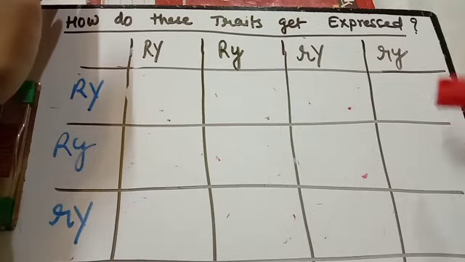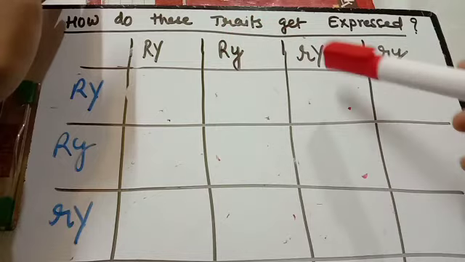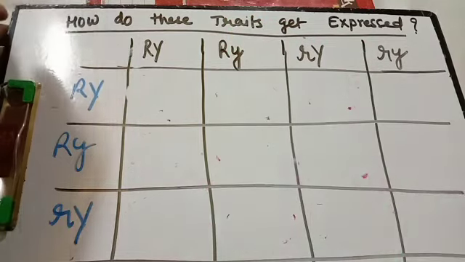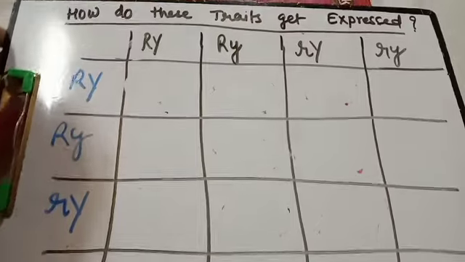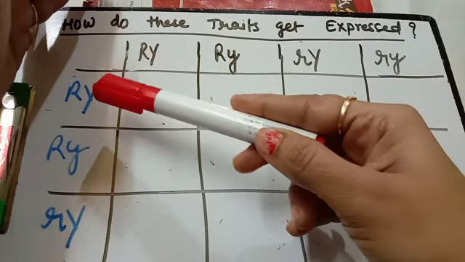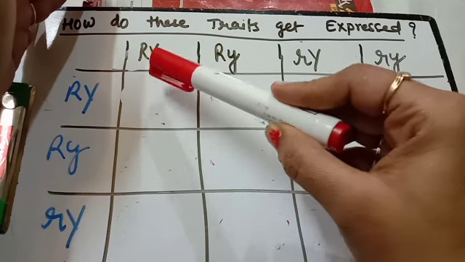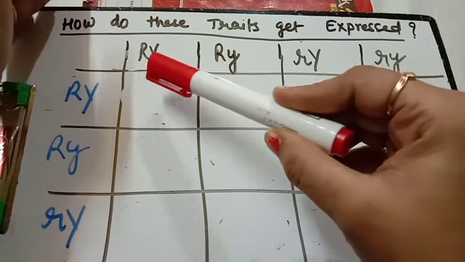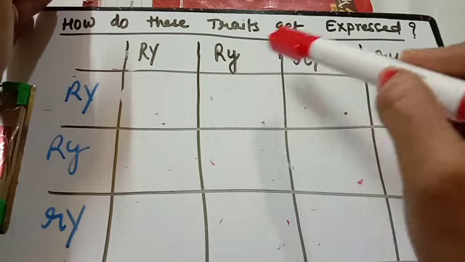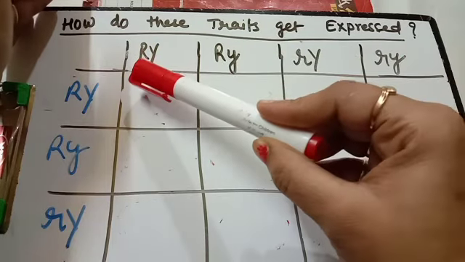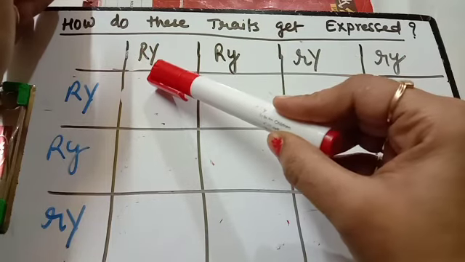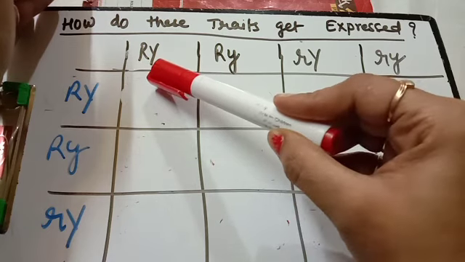So this way you can make the table 1, 2, 3, 4, and down also 1, 2, 3, 4. Whatever I am writing here, the same I am writing here also. See, capital R, capital Y. Take care, don't write in cursive, write in simple alphabets. Capital R, capital Y, that means round and yellow.